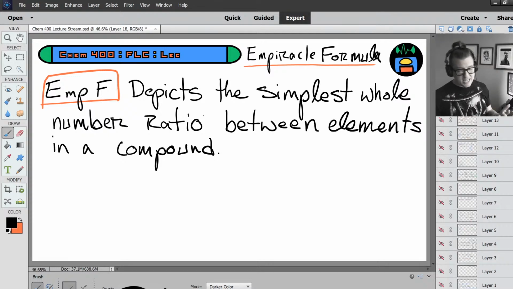Now, the way that empirical formulas are determined are through something called elemental analysis, where you take a compound and there's this instrument that will atomize it, that'll break it down into its constituent atoms, and you can determine what the mass of each element in the sample is.